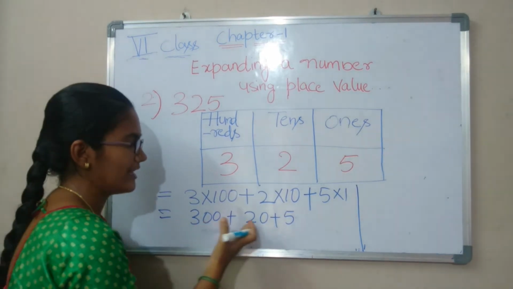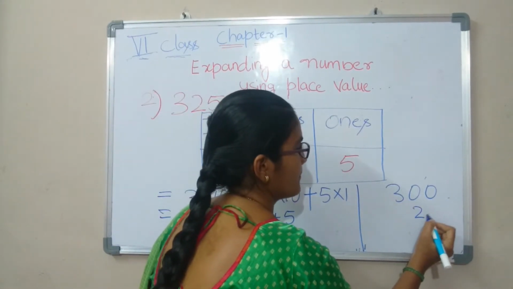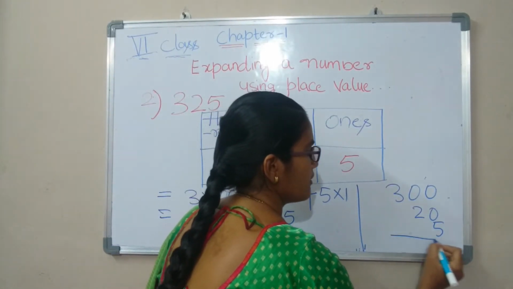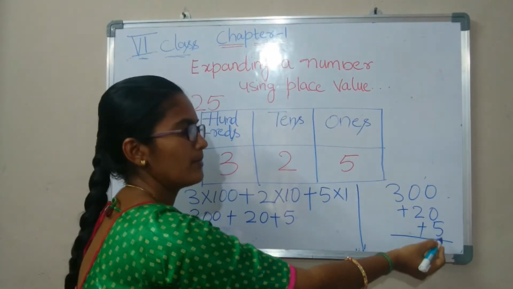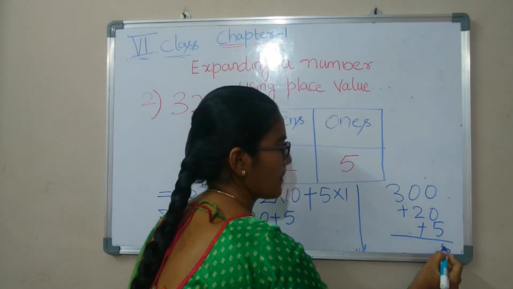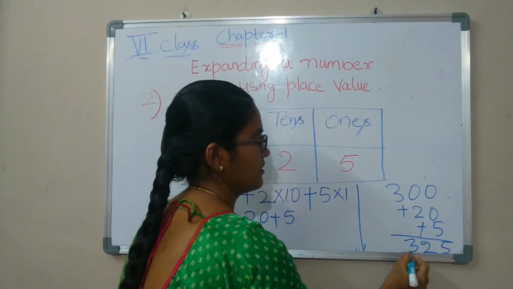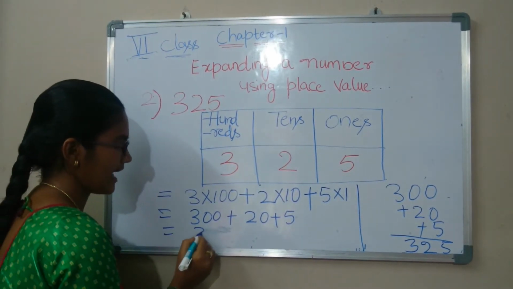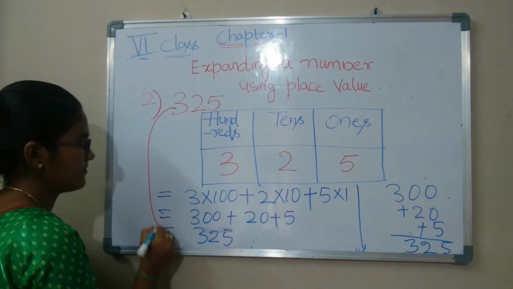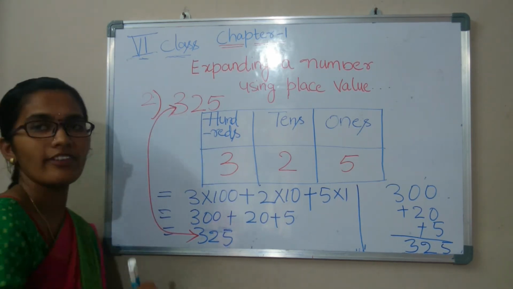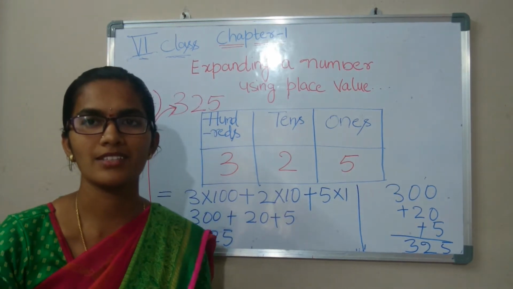So we have to add all these three: 300, 20 and 5. 0 plus 0 plus 5 is 5. 0 plus 2 is 2, and 3. The number we got is 325. In this way we have to expand by using place values.